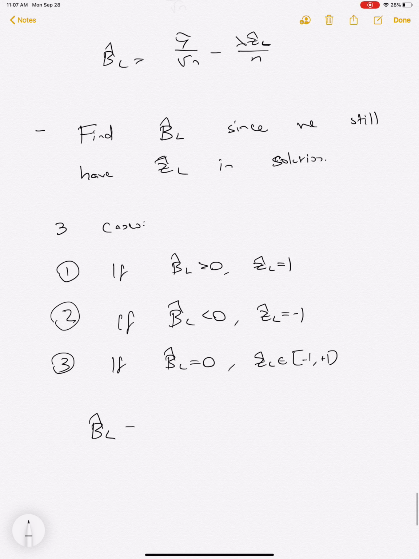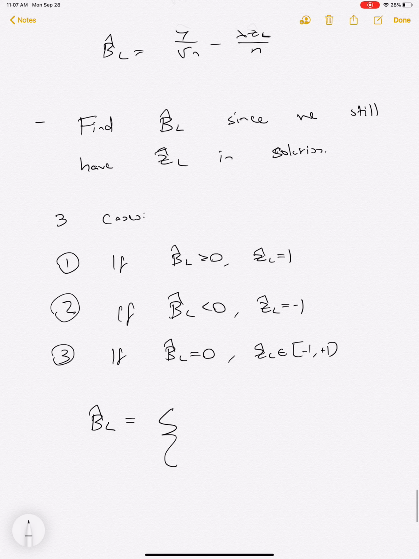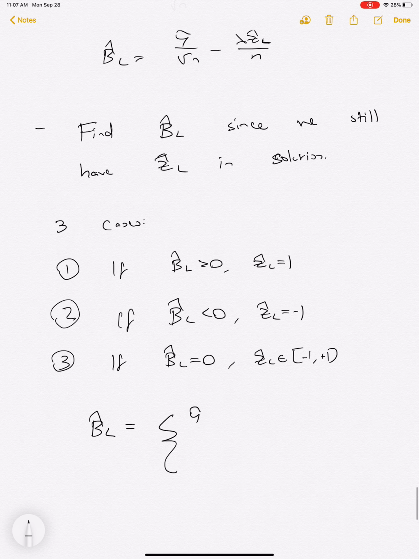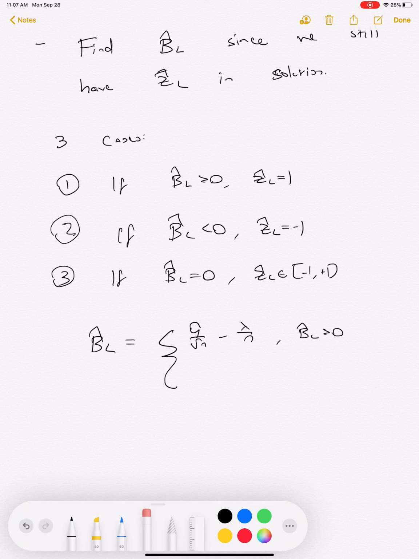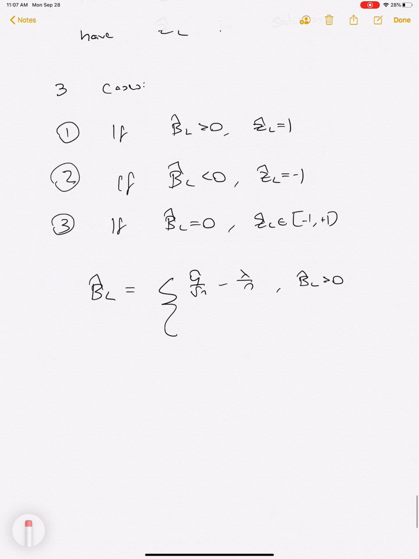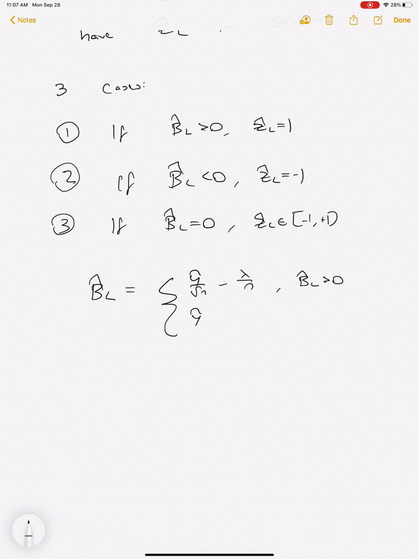Then we can say that b hat L equals y tilde over square root of n minus lambda over n if b hat L is bigger than 0. And it's y tilde over square root of n plus lambda over n if b hat L is less than 0.